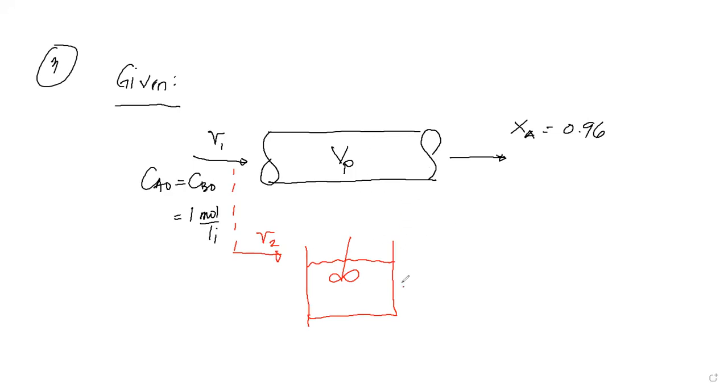And still we expect in this scenario that conversion is also still 96%. Okay, what else? So the reaction is given, and this is the stoichiometric equation or the chemical reaction.